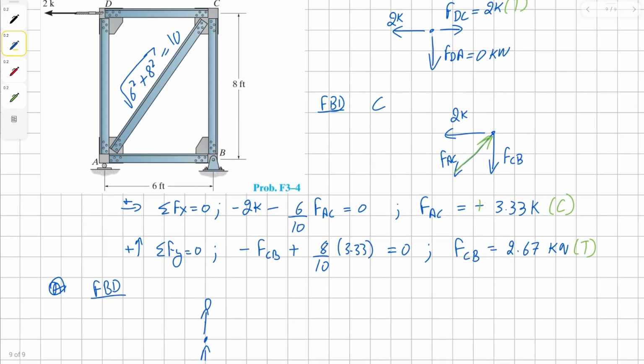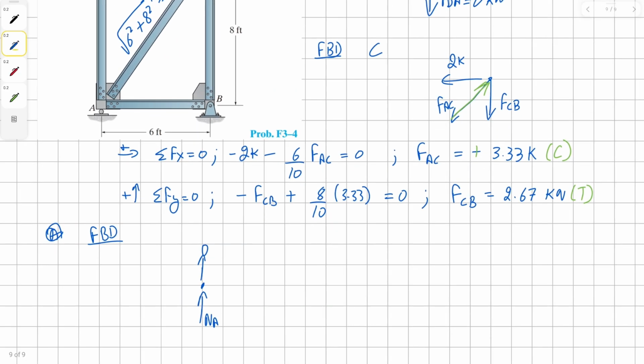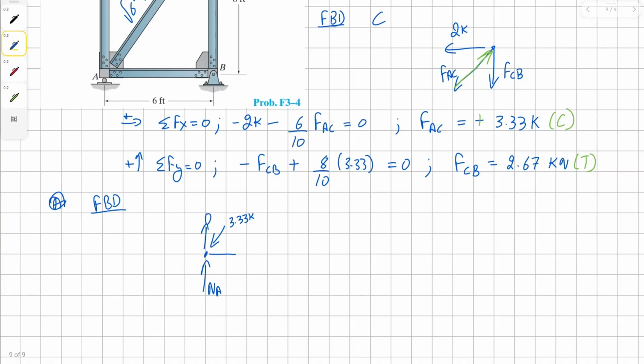We have just found the value of our vector for AC, which is in compression, and it's 3.3k, and we don't know the value for our member AB.